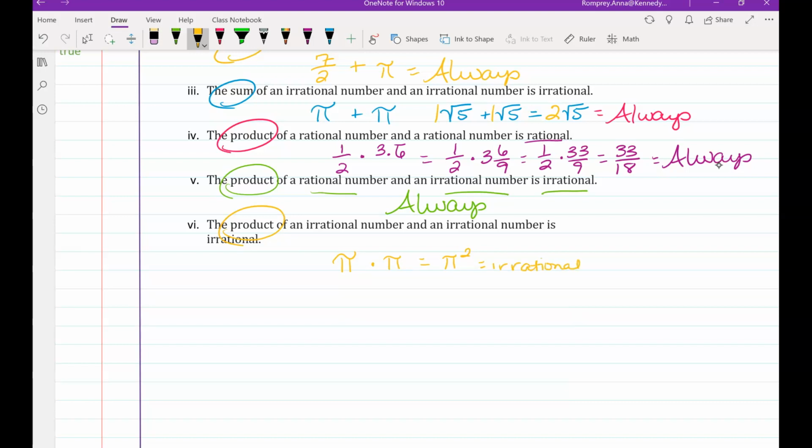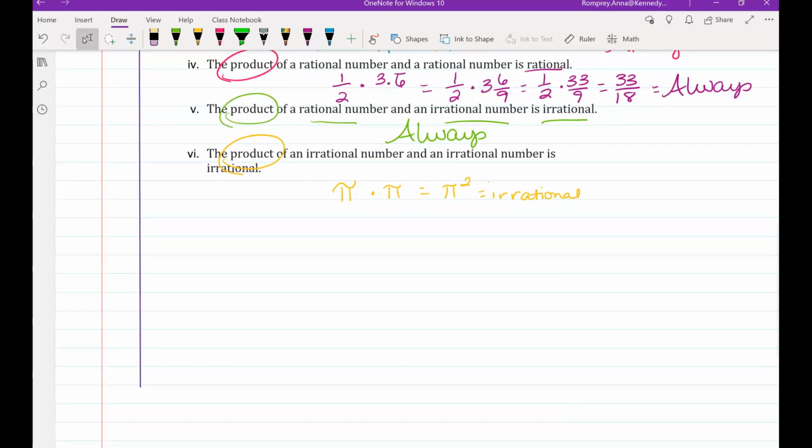Now don't just stop at your first example, because another one is an irrational number times an irrational number. There's a special case. If we take an irrational number, so let's say the square root of 7, and you multiply it by itself, that's going to give you the square root of 7 times 7, which is 49.